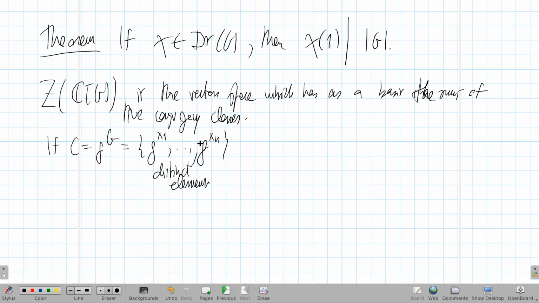So this is exactly a class with n elements, because I cannot simply write these elements here if they repeat: you know that in a set, if all elements are equal, you just have one element. Then one of the basis elements would be what I'll call the sum over C, and this is simply this sum.